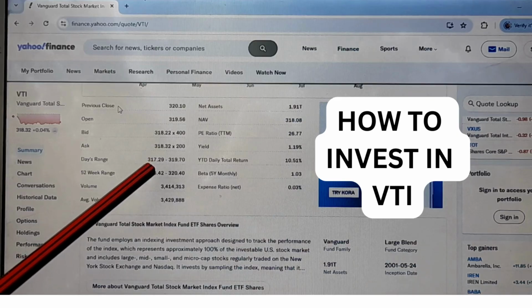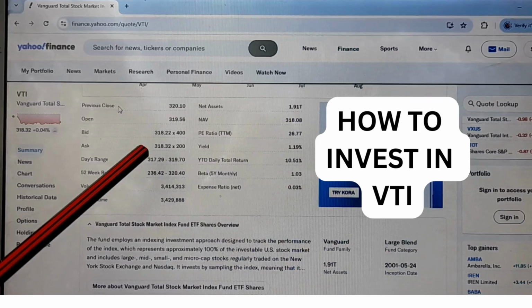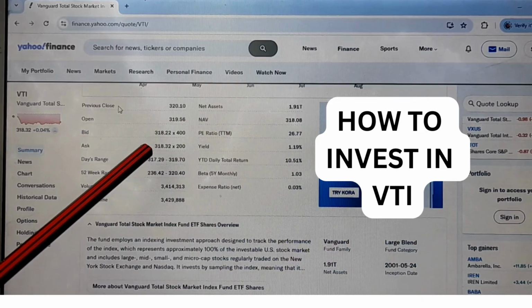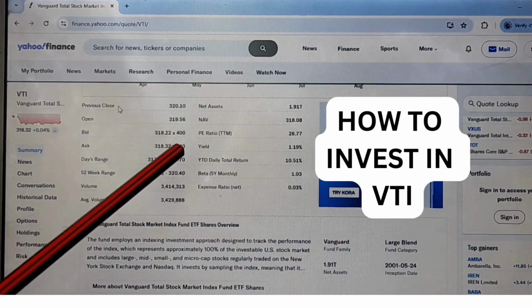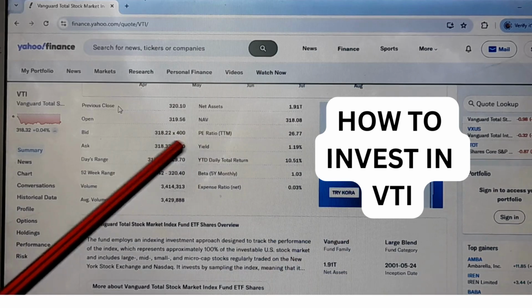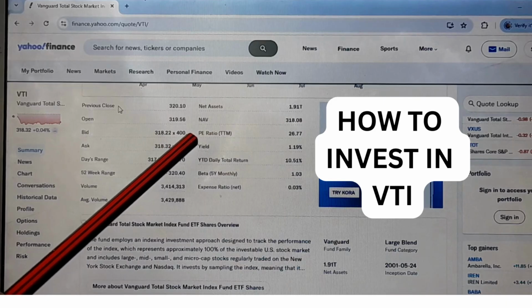Remember when I was telling you, if you trade after hours, the spread may be very large. And you may lose a lot because there's lower volume of people trading. Why? So the volume comes here. You see where we have times 400. We have bid 318.22 times 400.